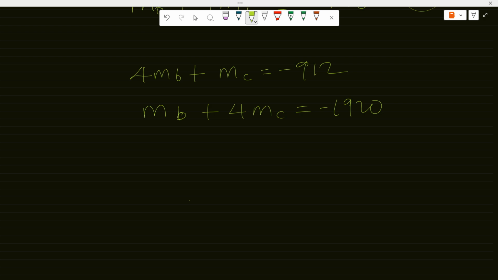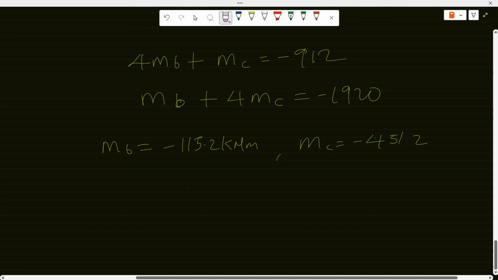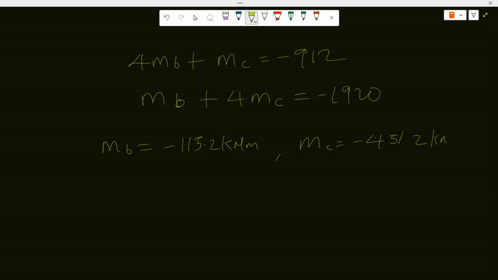Solving this simultaneously, we have MB to be minus 115.2 kilonewton meters, and we have MC to be minus 451.2 kilonewton meters.